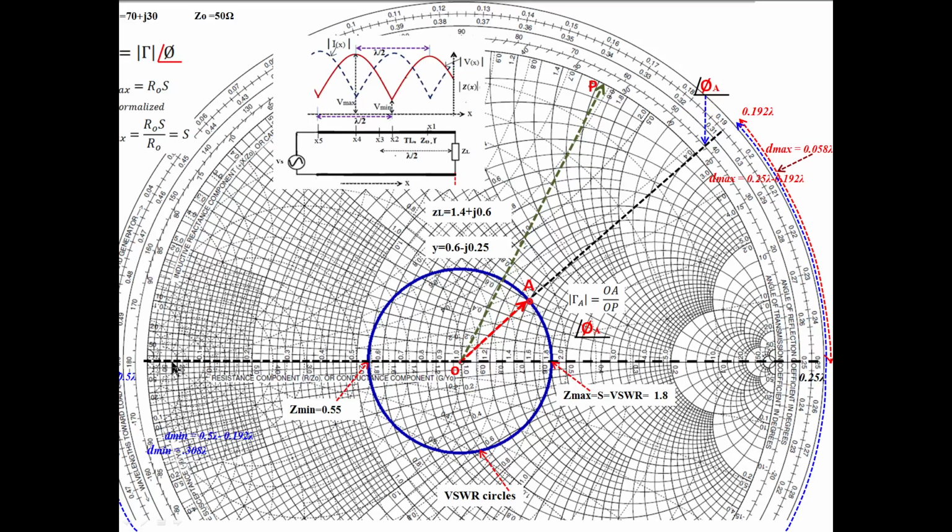In the other approach they provide the d minima and we know the minima position. From there you move in the anti-clockwise direction the given distance and stop, and draw a straight line from that point. Where it intersects the VSWR circle, note the impedance; that gives the load value.